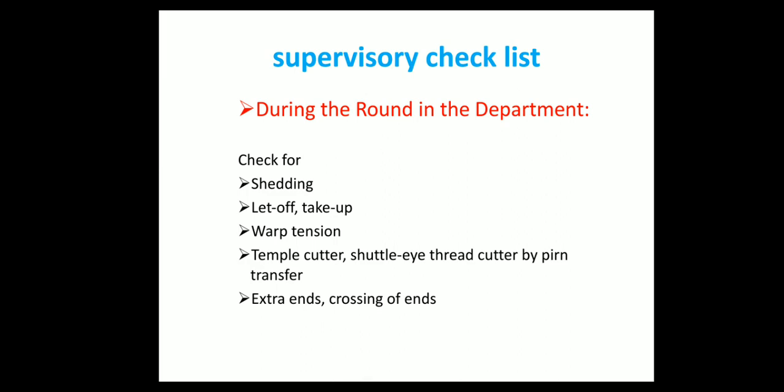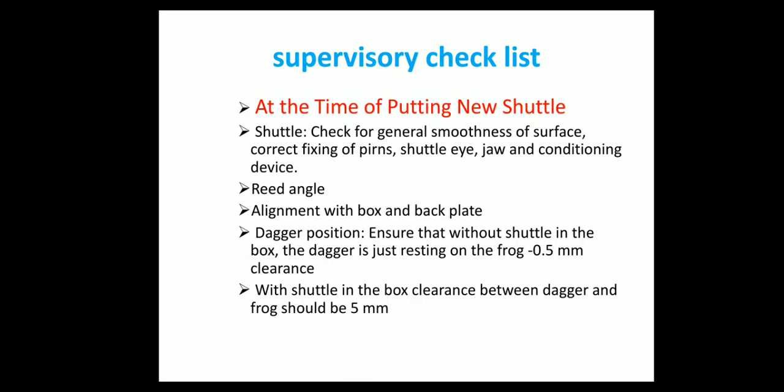During the round in the department, check for shedding, let-off, take-up, warp tension, temple cutter, shuttle eye thread cutter, pern transfer, extra ends, crossing of ends. At the time of putting new shuttle, these are the supervisory checklists that should be followed. Check for general smoothness of surface, correct fixing of perns, shuttle eye, jaw and conditioning device.